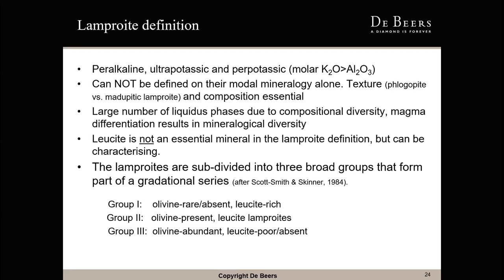characterizing. So in terms of classification, rather, the work by Scott Smith and Skinner in the 80s basically provided a very good system for subdividing these rocks. So you can start from an olivine-rare, leucite-rich variety, moving all the way across into an olivine-abundant, leucite-poor or absent rock. And of course, there are some very key characteristics associated with these mineralogical changes.